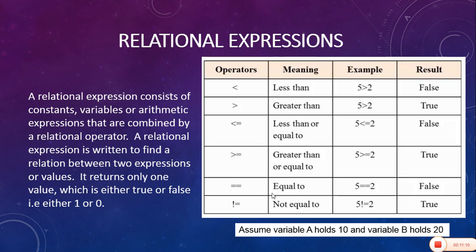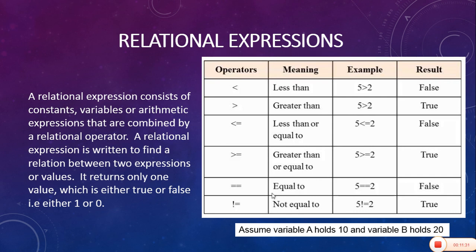For the next condition, 5 greater than or equal to 2: 5 is greater than 2 but 5 is not equal to 2. As among the two, one thing is true, the answer is considered to be true.